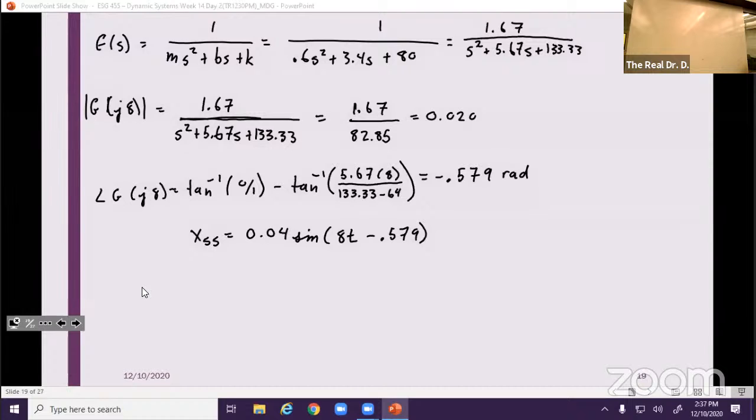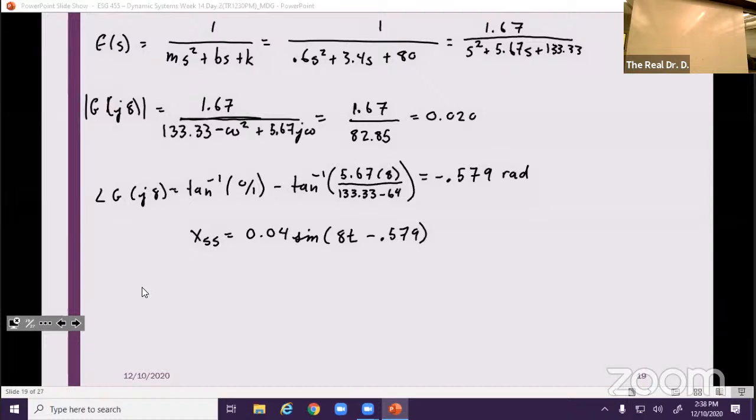So it's not 0. It's actually much less than 1, right? Okay, so we go through and find G of j8. Let me rewrite this. This is going to become 133.33 minus omega squared plus 5.67 j omega, right?